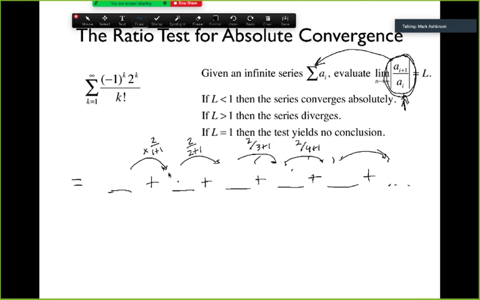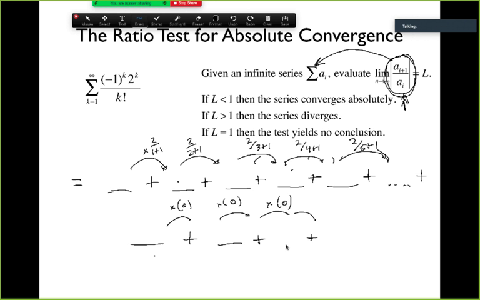So yes, that sequence of multipliers is like the harmonic series, and those go to 0. So going way out here, say the millionth term, you're multiplying by 0 to get the next term. So what are all these terms going to be? They're essentially going to be 0.